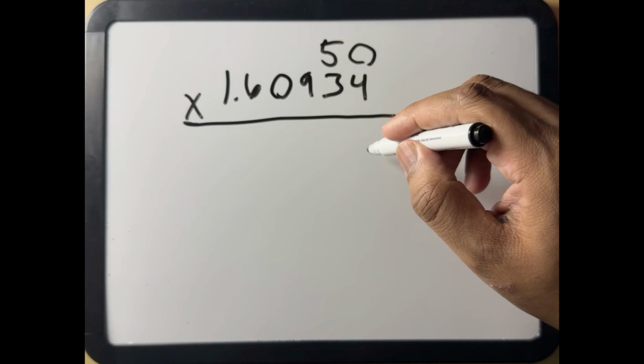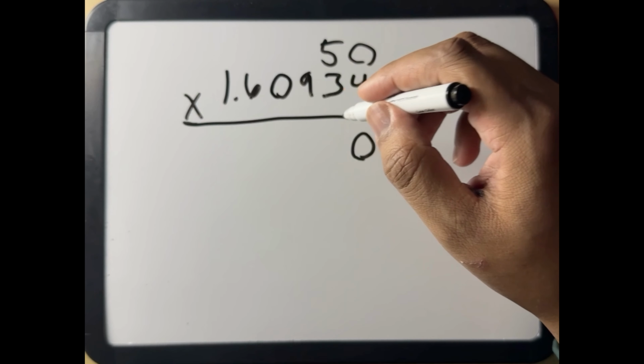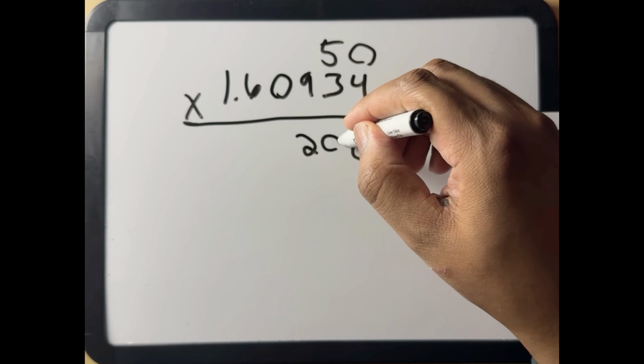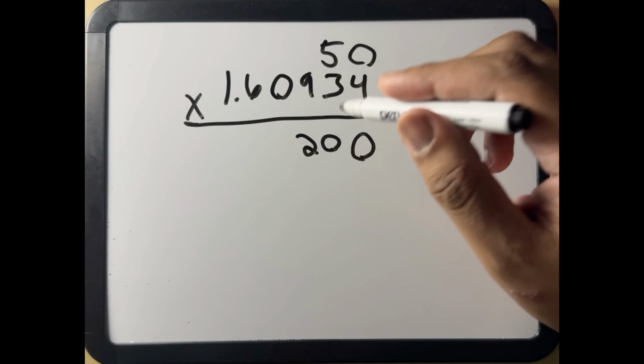Four times 0, 0. 4 times 5 is 20. Since 20 is larger than 9, we just bring the 20 down as a partial, and we move on.